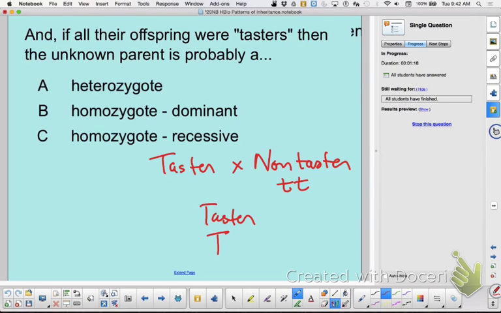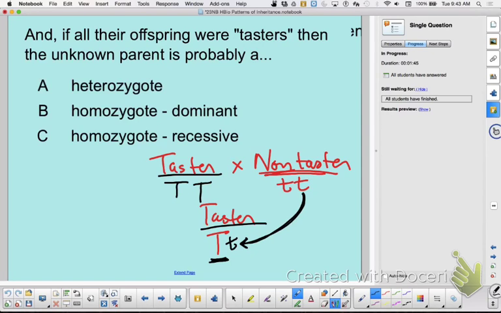Now, we know the non-taster is going to give a little t every single time. So if they're a taster, they have to have a big T. Where did they get that from? Dad. We know he's a taster, so he has at least one big T. And if every single time he's giving a big T, then he must be big T, big T. What is that called? Homozygous dominant.